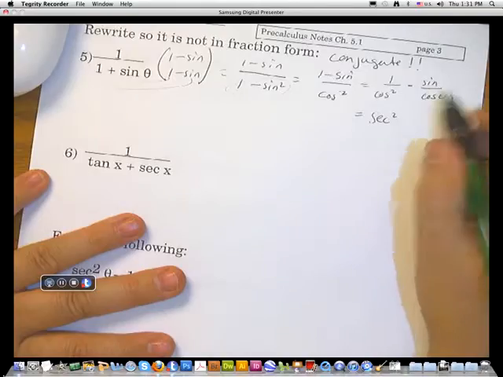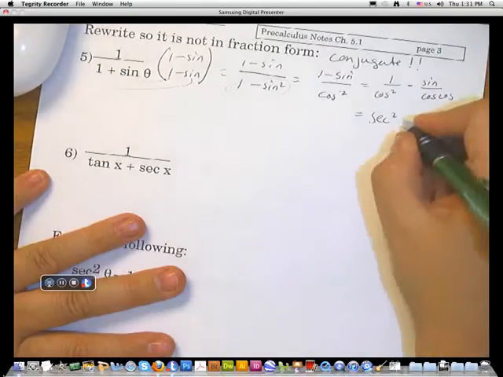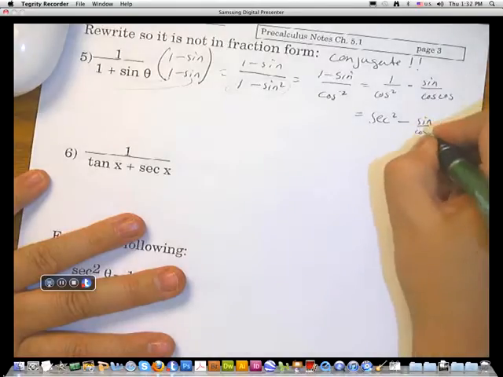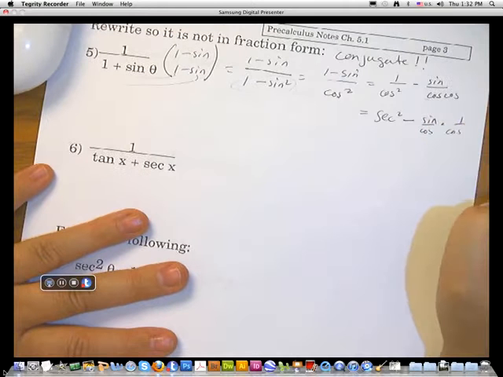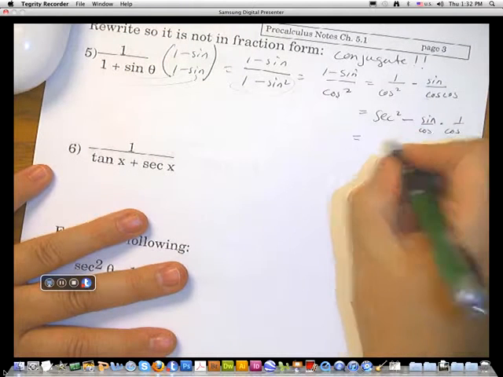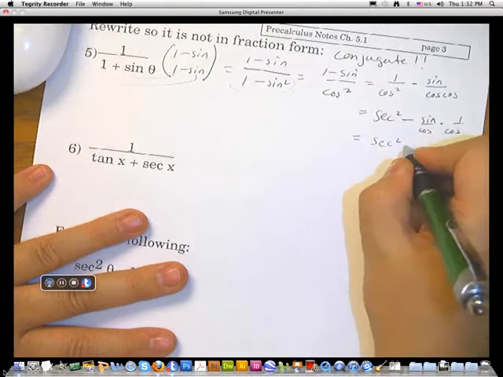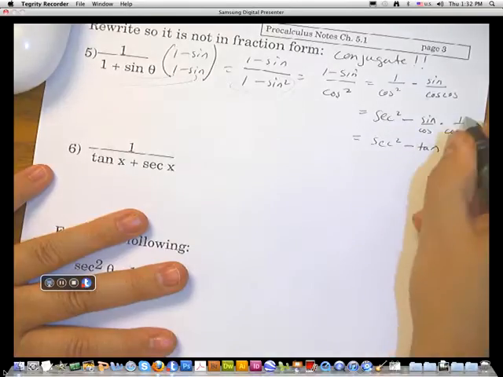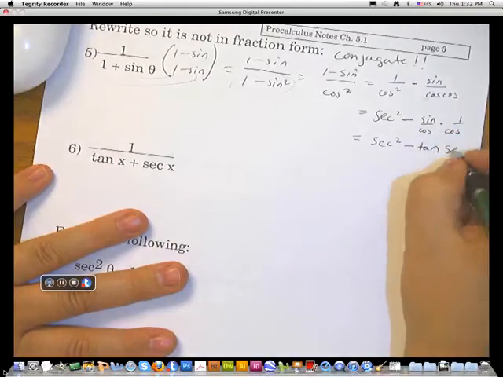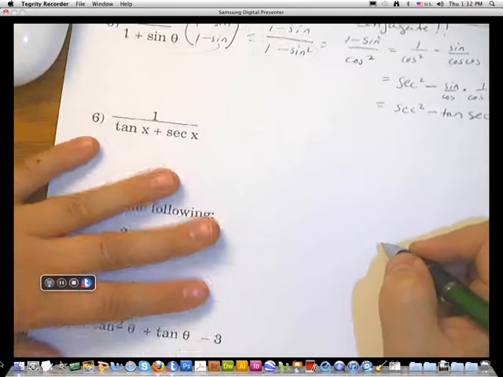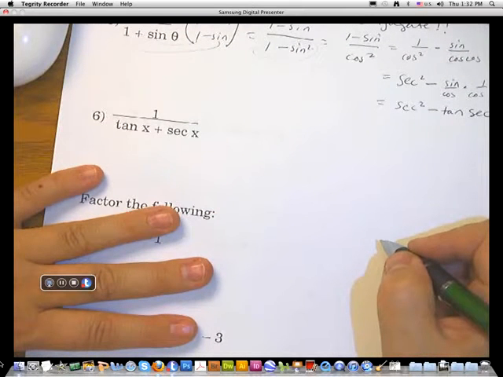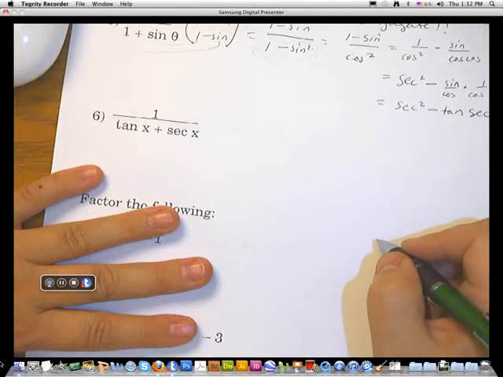Again, because this is multiplied, I can separate this into sine over cosine and 1 over cosine. So that's secant squared, tangent, and 1 over cosine is secant. And I can leave it just like that: secant squared minus tangent secant.